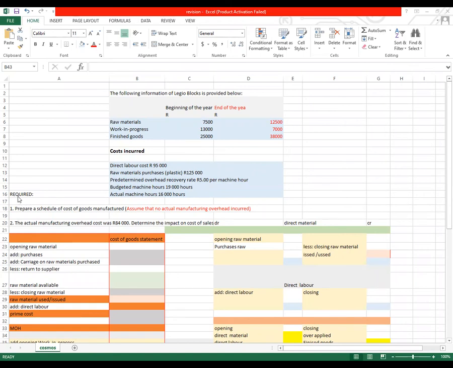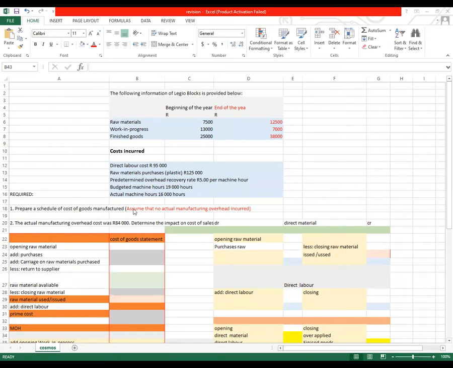That is why I say, don't get excited when you see the question or the information on your test. It's better to read again and again to make sure that what you're telling yourself is true. Here: prepare a schedule of cost of goods manufactured.